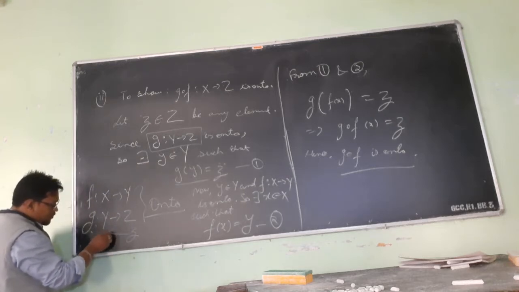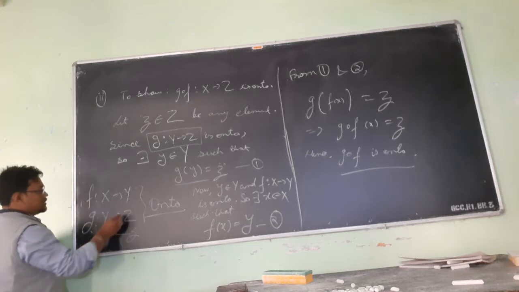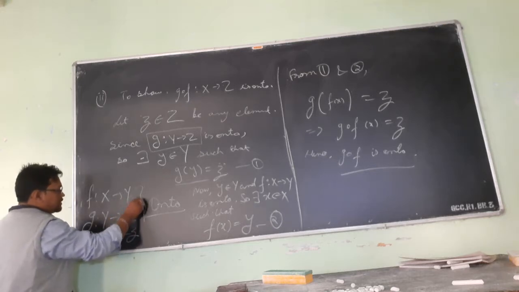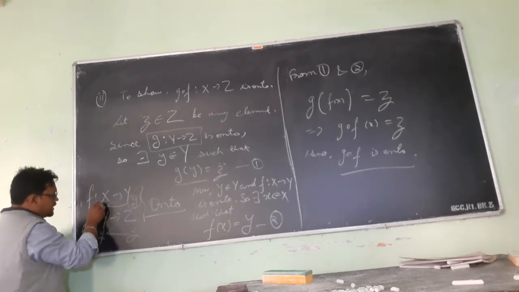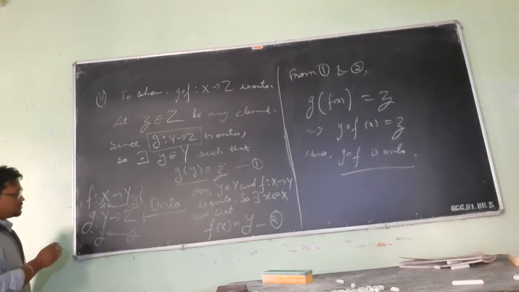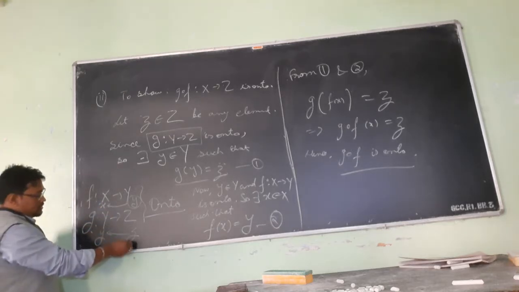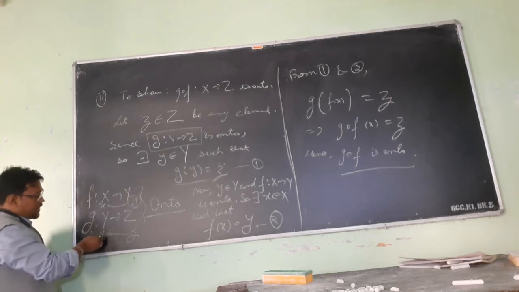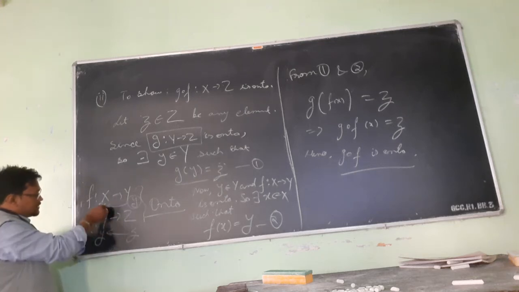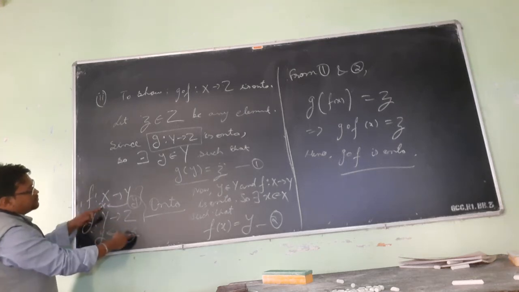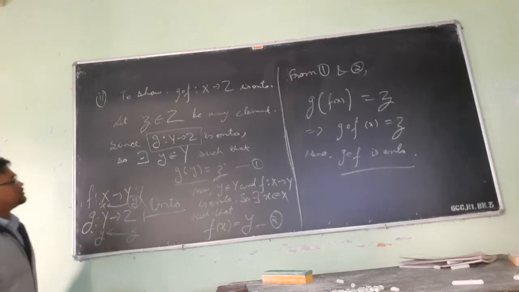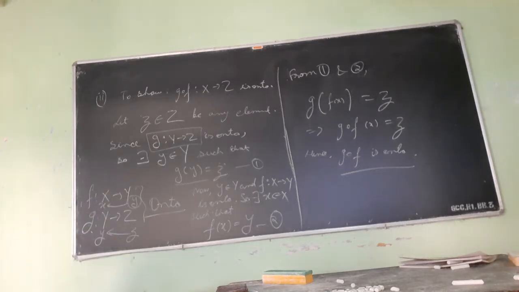For this element I have got an element y here. For this element I will get an element x here. So this is how we are connecting. From z I have got this y, for y I have got this x, and then we can connect between these two. So gof is also onto.